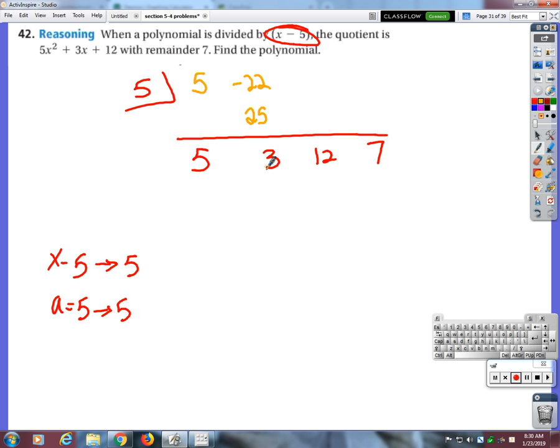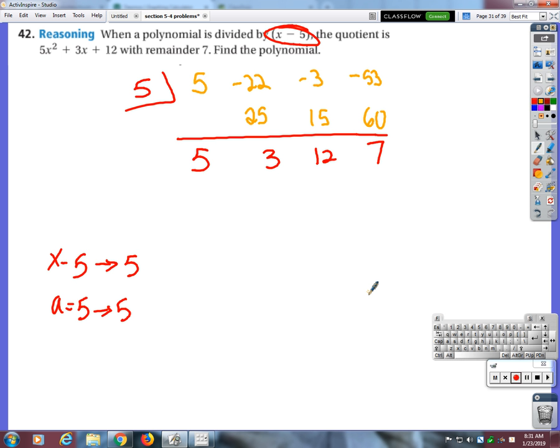5 times 3 is 15, so there would be a 15 right there. What does this have to be so that if I added 15 to it, I would get 12? Negative 3. And then 5 times 12 is 60, so same question one more time. What would this have to be for me to end up with 7 as an answer? Negative 53.